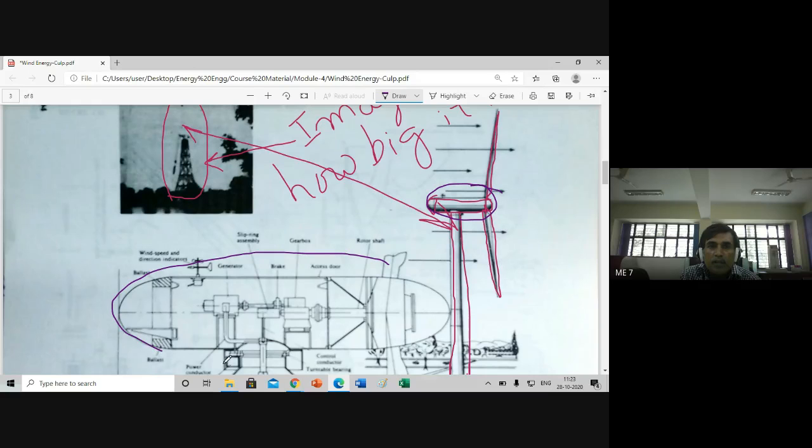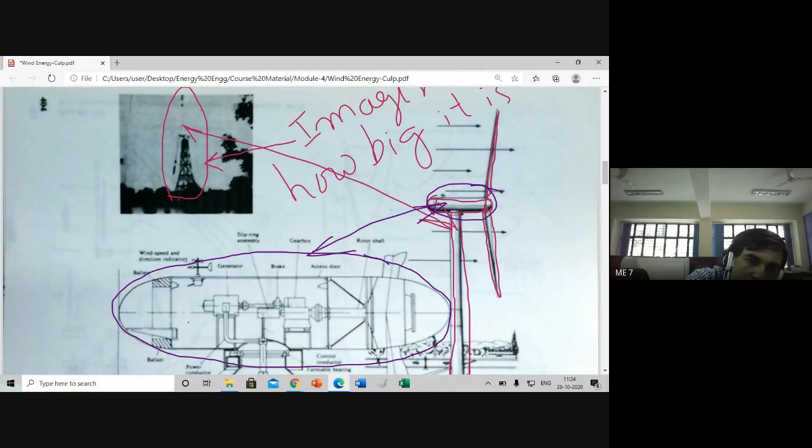Look at this rotor assembly, turbine rotor assembly. This is the enlarged one.